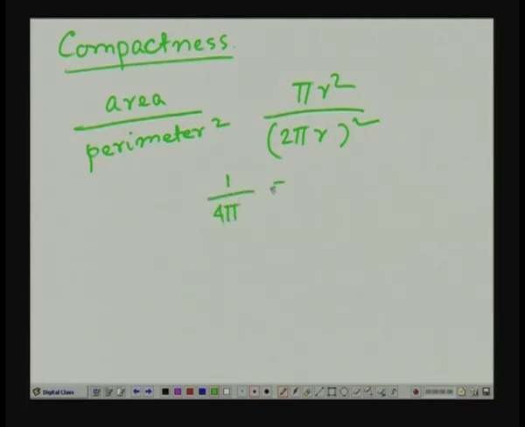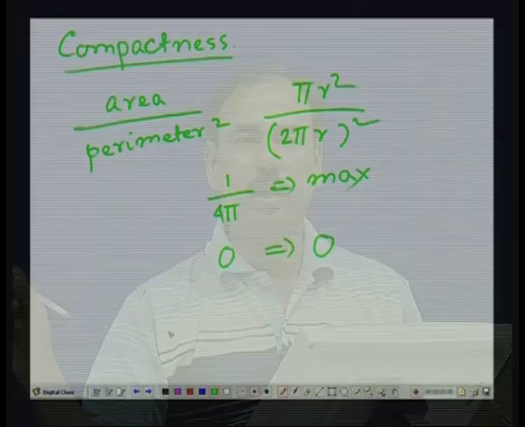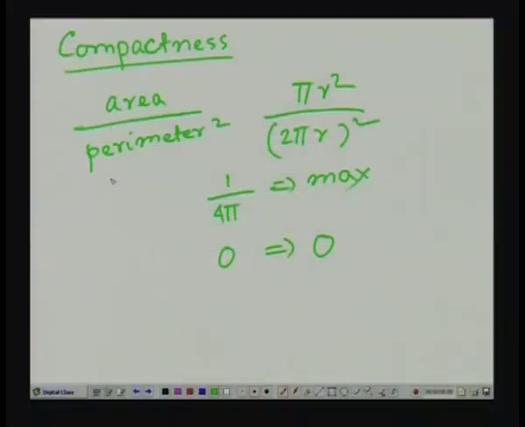So, the maximum value of the compactness is 1 upon 4 pi, and the minimum value of the compactness can be 0. Suppose I have a very long region whose thickness is very, very small. In the limiting case, we have an infinite perimeter but 0 area, so the ratio of area by perimeter square gives a value equal to 0.